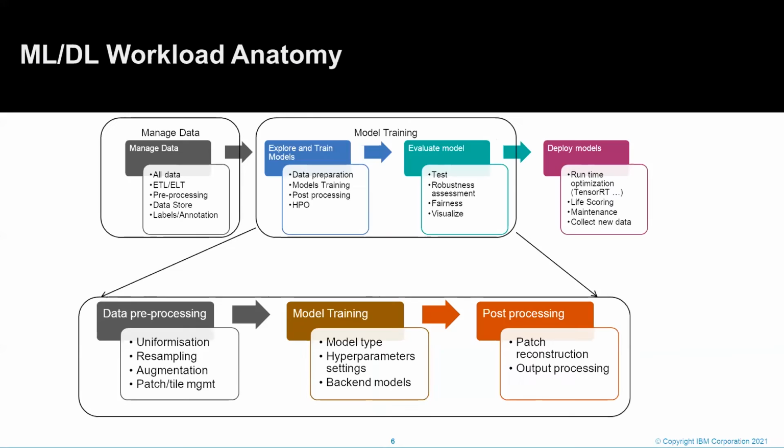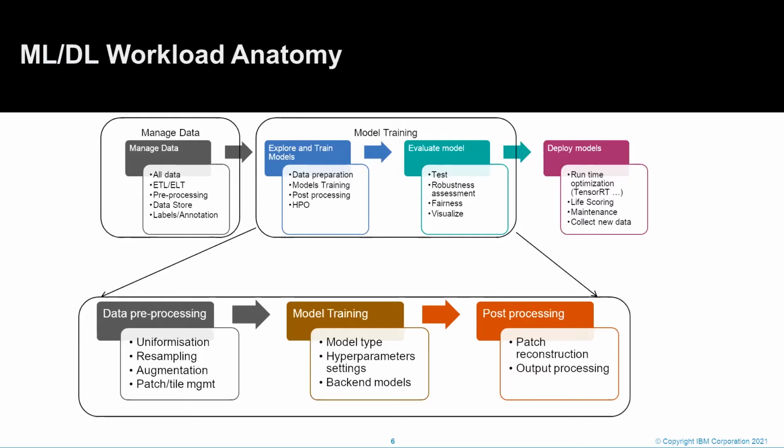When you look at a typical workload anatomy, there is a really important part at the beginning, which is the management of the data, where you have to store the data, clean them, and do the annotation and the labeling if it's a training.